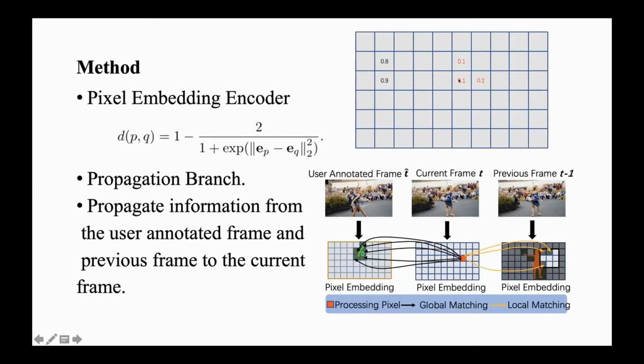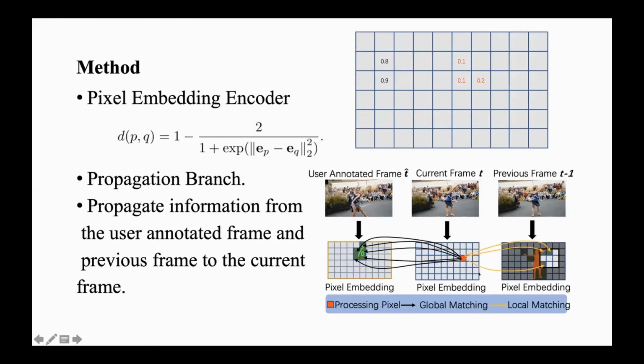So this means that these pixels are closer to the annotated pixels, so these pixels are more likely belonging to the target object, for example, this person. And the numbers of these pixels are very large, close to 1, so these pixels are more likely belonging to the background.